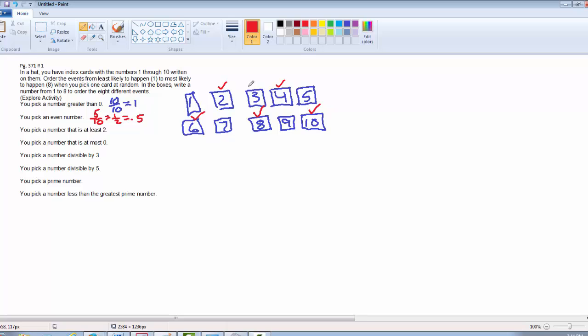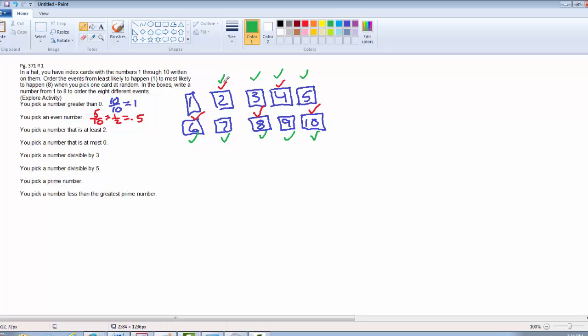Our next item says you pick a number that is at least 2. At least 2. So it's not going to include 1, but it's going to be at least 2. So at least 2 would be 2, 3, 4, 5, 6, 7, 8, 9, 10.